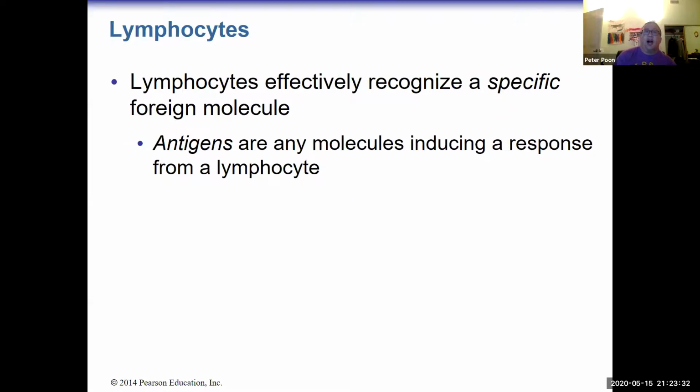Lymphocytes effectively recognize a specific foreign molecule. That foreign molecule is called an antigen. Antigens are any molecules that induce an antibody response. Antigen literally means antibody generating.